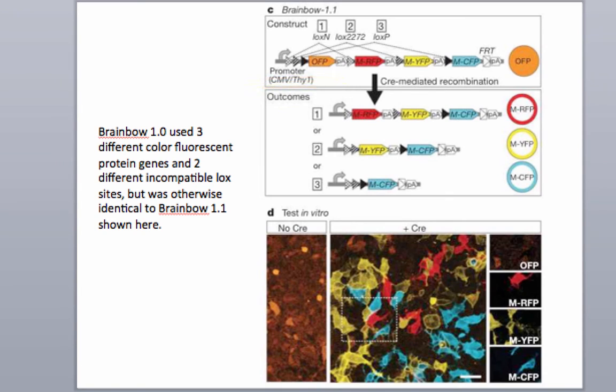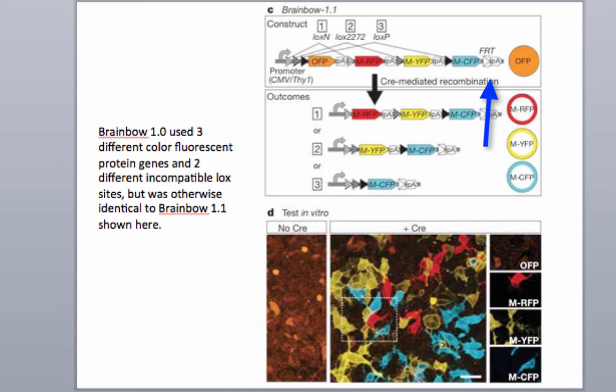And then in between the fluorescent protein genes are a single lox site. So between orange and red fluorescent protein gene is lox site number 1, and in between red and yellow fluorescent protein gene is lox site 2, and between yellow and blue is the lox site 3. And then there is a poly A tail signal, etc.